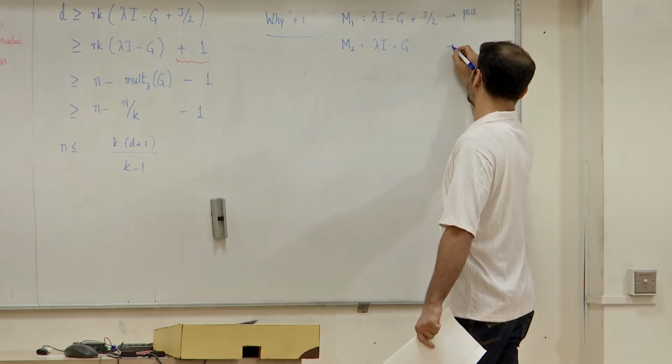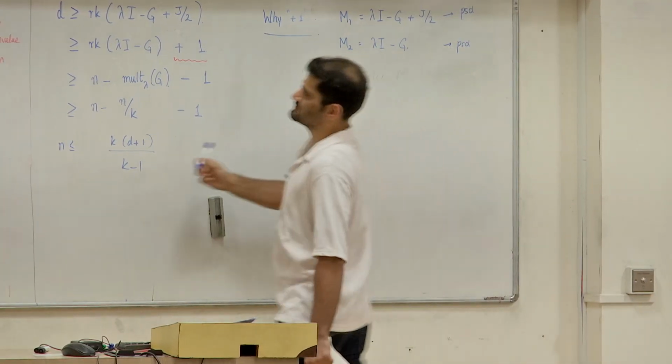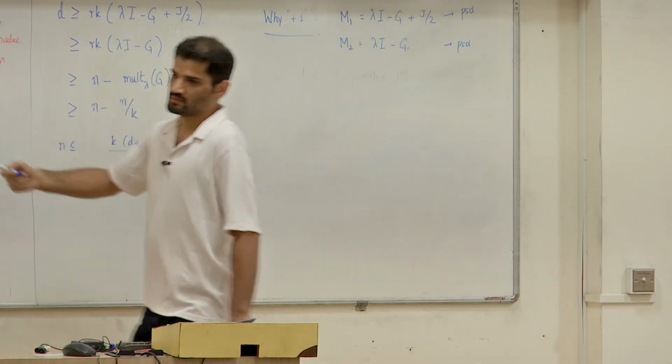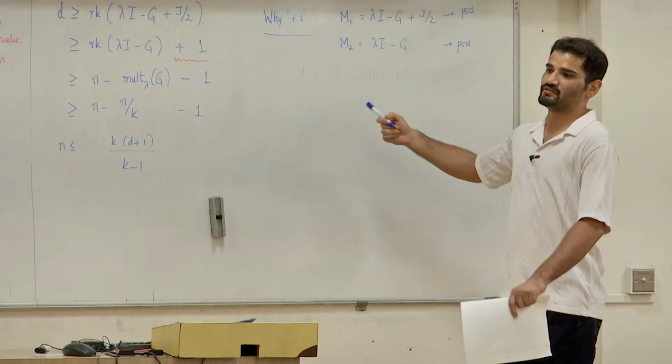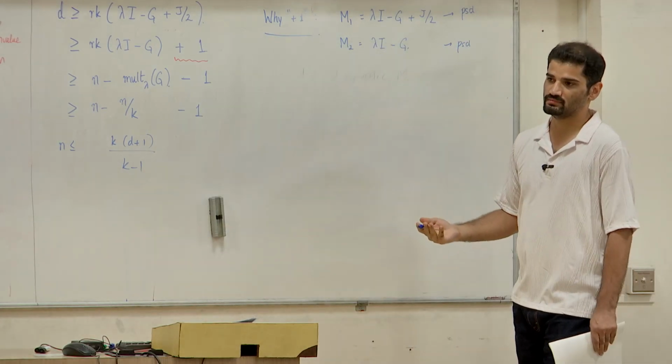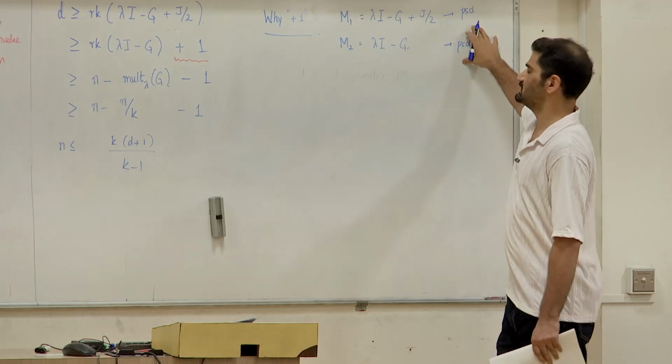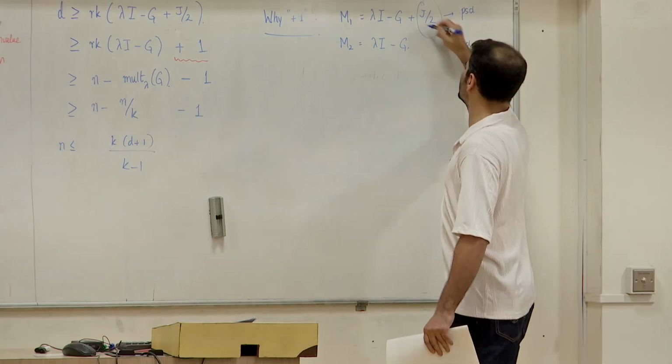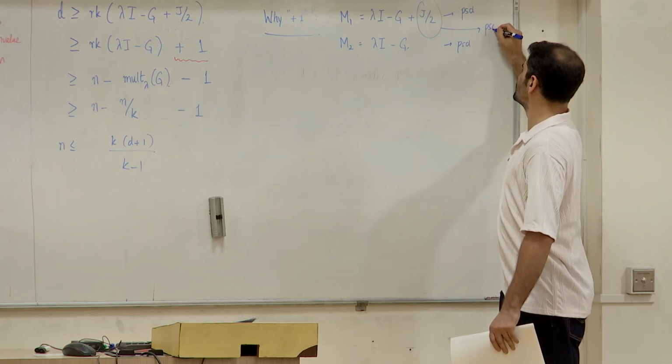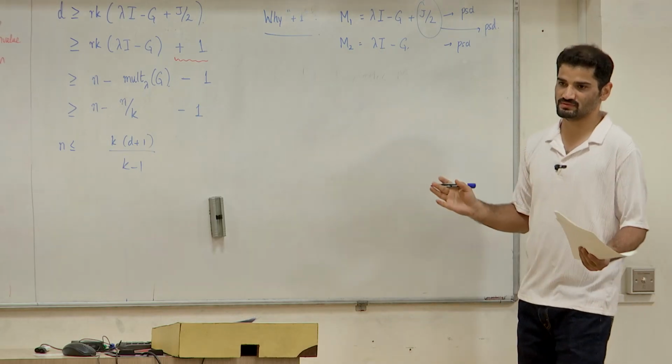This matrix is also PSD because lambda is the largest eigenvalue, so any eigenvalue that is left, if you subtract it from lambda, you'll get something non-negative. So they are both PSD matrices, and in fact this matrix is also PSD. It's just 1 1 transpose.